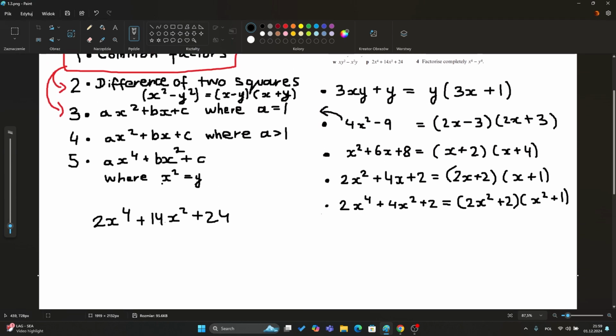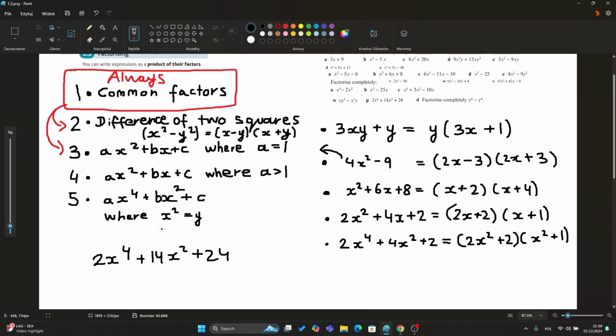Now let's see if this has common factors. It doesn't, so we exclude the common factors. So now, is it a difference of two squares? No, it's not, because there is no negating sign, and plus it is not a combination of two squares, so we cannot use the formula.